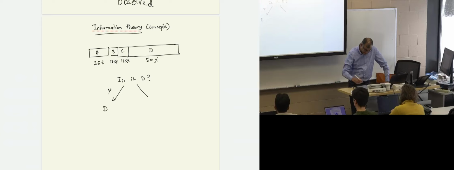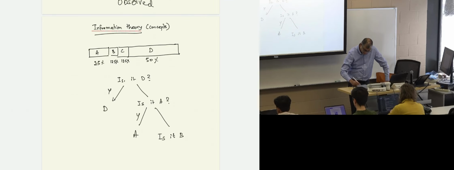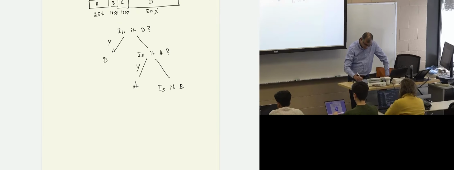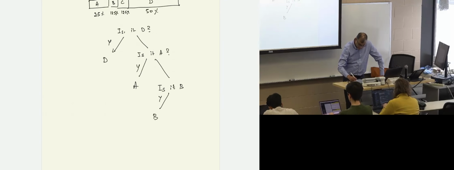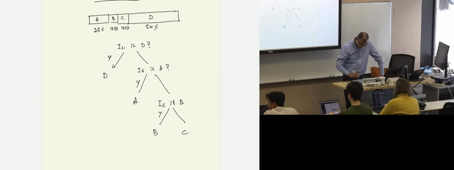Then you ask the next question. You ask, is it A? If it's A, then you get to A, right? If not, you ask, is it B? And if the answer to that question is yes, then you have B. If it's no, you have C, right?